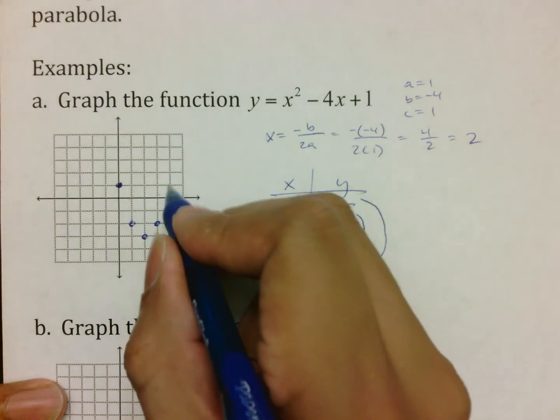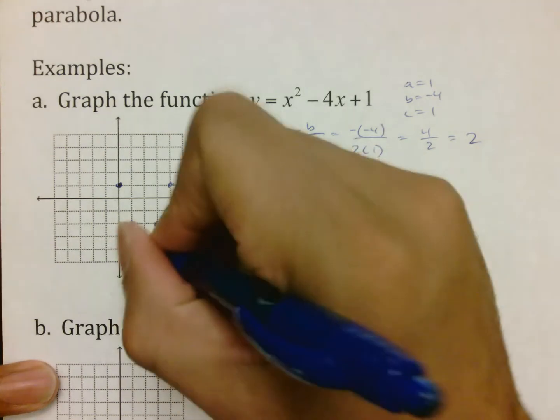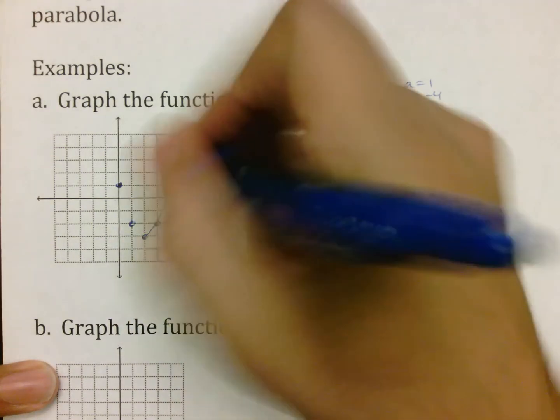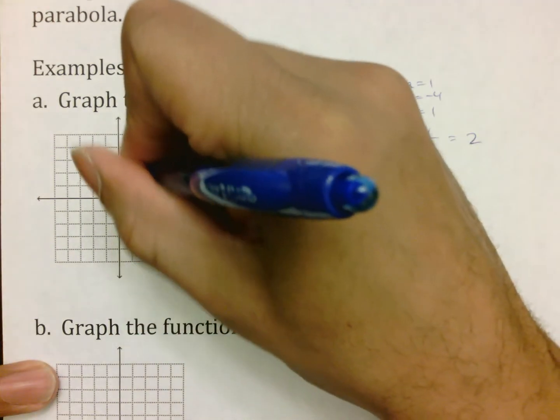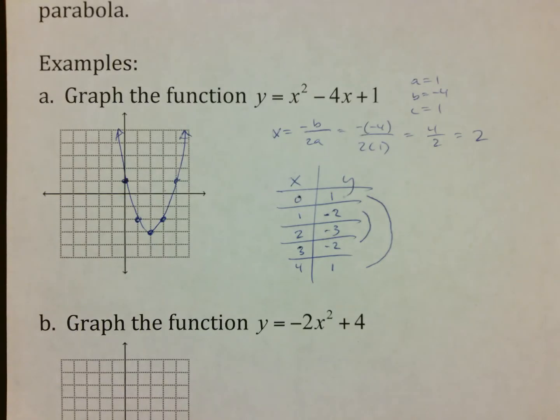And 4, 1 means over 4, up 1. And again, you should see the parabola whenever you do that. Once you get that key x, draw your best curve through that graph, and that is your parabola. That's all you have to do.